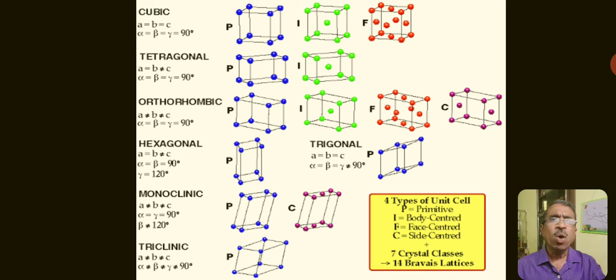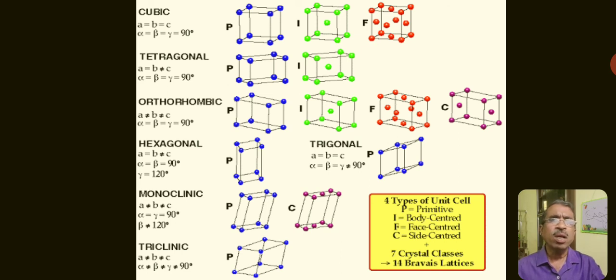The third one, orthorhombic. In this structure, we have primitive orthorhombic, body centered orthorhombic, face centered orthorhombic, and lastly the side centered orthorhombic crystal.